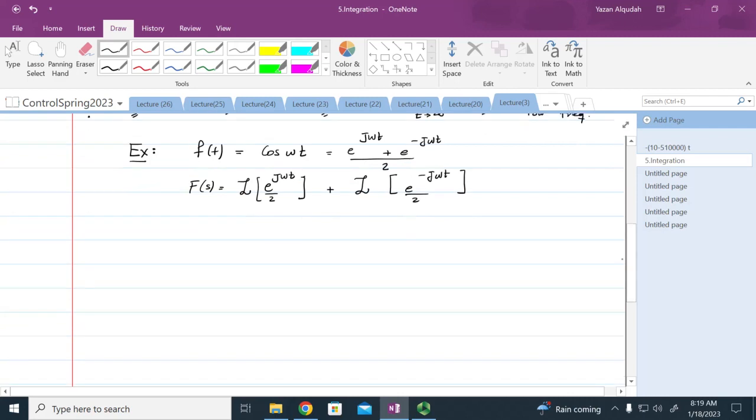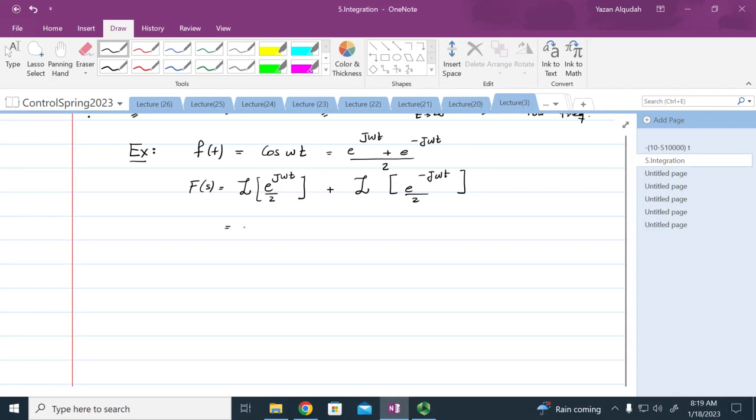What is the Laplace of the first term? It is 1 over s minus j omega, and we also have the half.